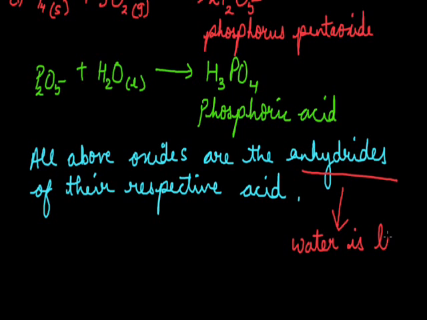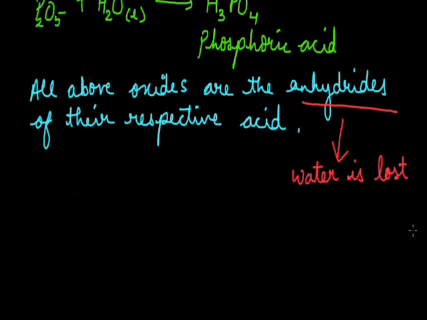Now we'll see how this happens. For example, in the case of carbonic acid, we can say it is an oxy acid.